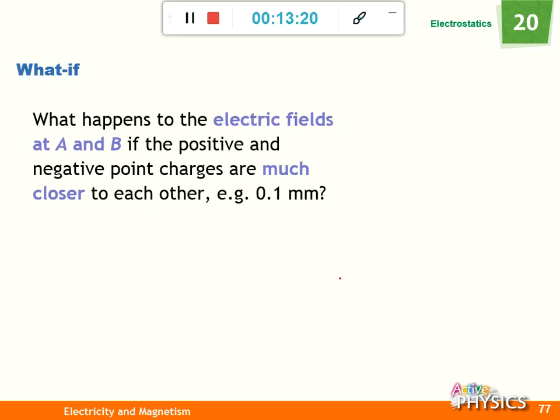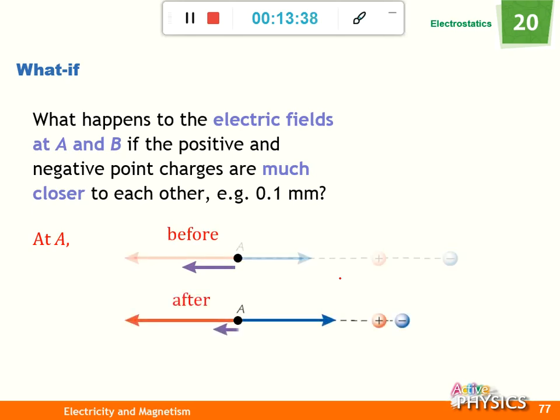What if question? What happens to the electric field strength at A and B if the positive and negative charges are much closer to each other? It means that the distance between them is smaller and smaller. Then what happens? This one will be before, and then after, because they come close together, their difference will be smaller than before.